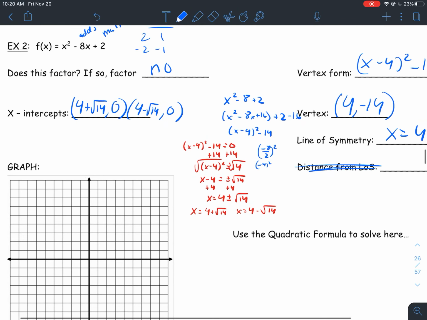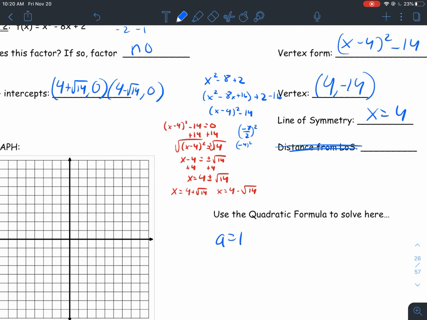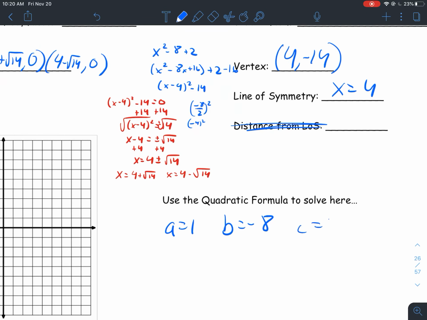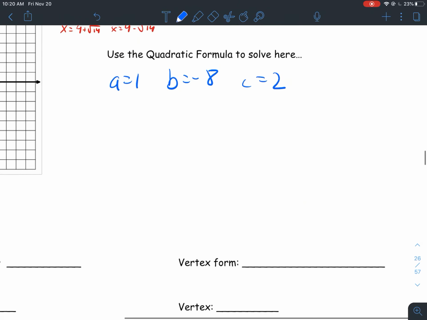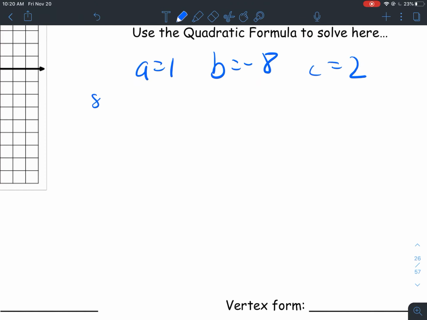All right, so the quadratic formula, we've got a equals 1, b equals negative 8, and c equals 2. So now we're going to go ahead and plug that in. We get 8, the opposite of b, plus or minus the square root of b squared, which is 64, minus 4 times your a value times your c value, all over 2 times your a value.